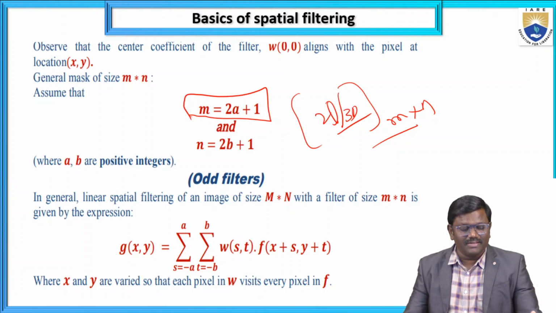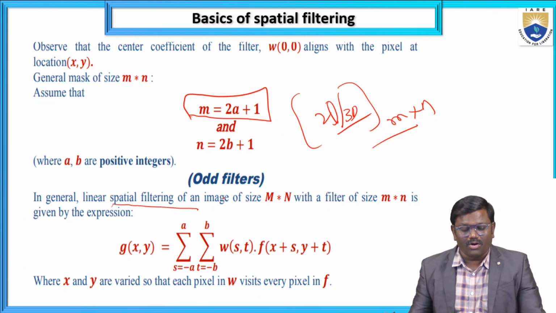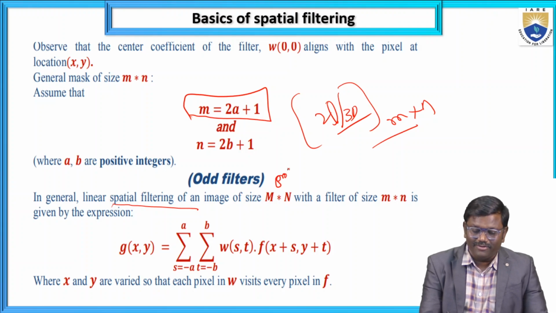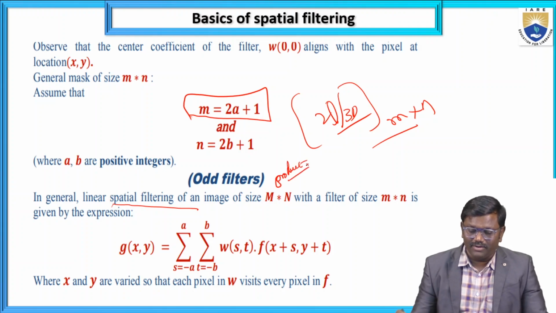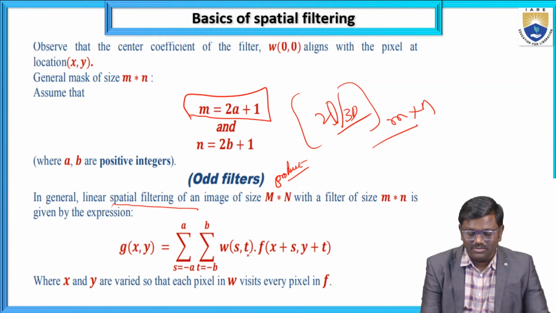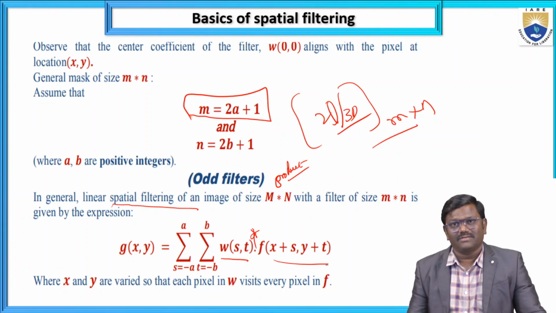We also say that if your filter is considered a linear spatial filter, with odd-sized filters, then for m and n, the product of these values is given by the simple expression: the sum of w of s comma t times f of x plus s comma y plus t.